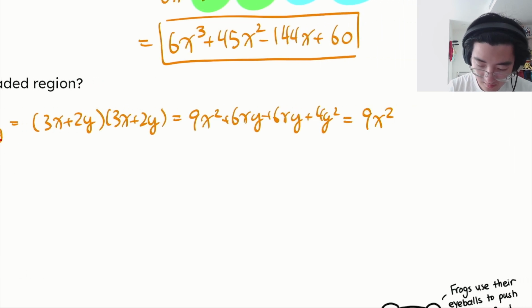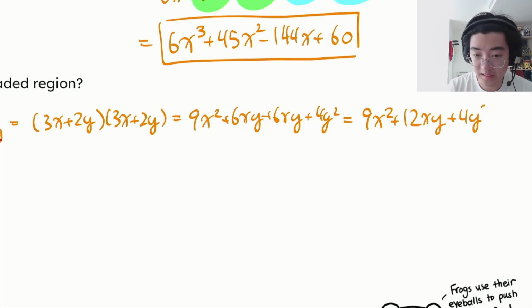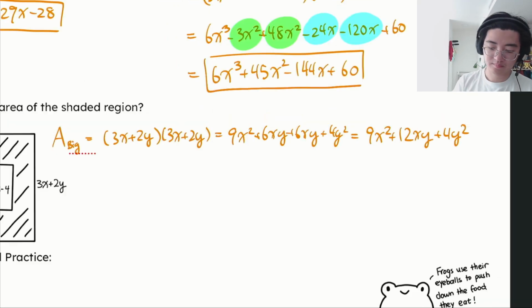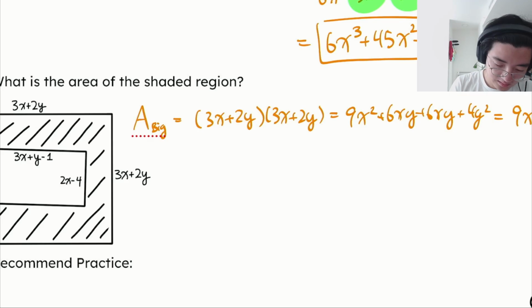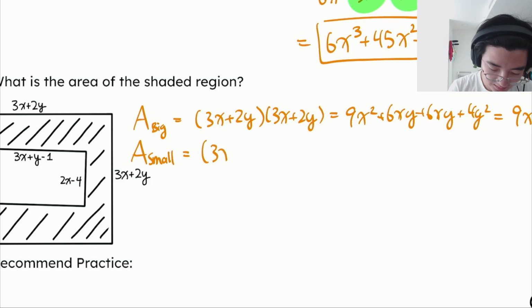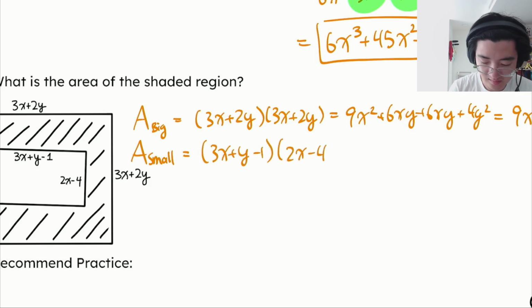Simplified. Okay, that's the area of the big guy. Area of the small guy. We got this times this. Okay. Alright.